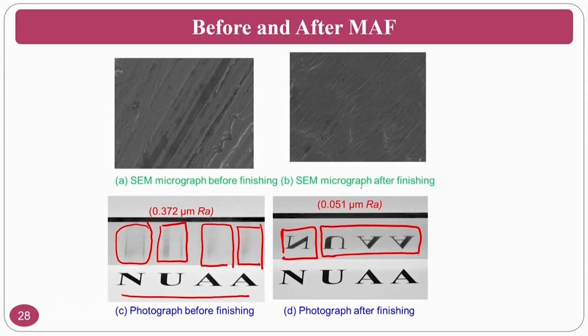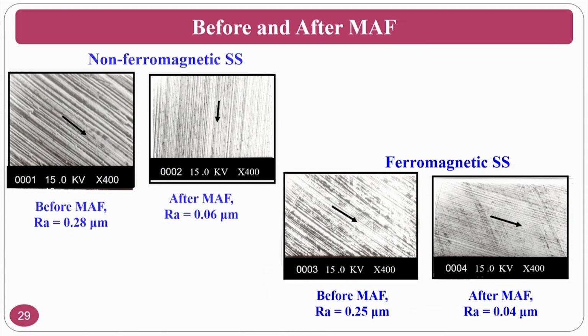You can also see the scanning electron microscopy image of these surfaces. If this type of surface is there, you cannot see the mirror image, but after the MAF process you can see the mirror image.